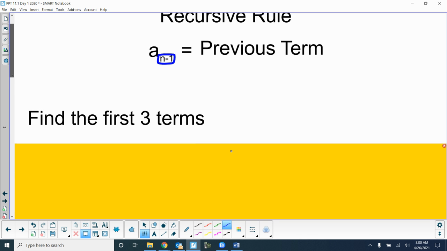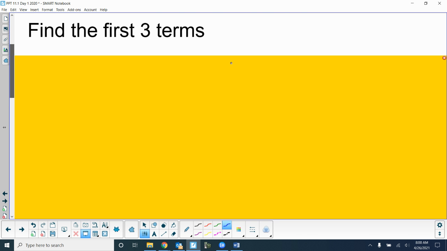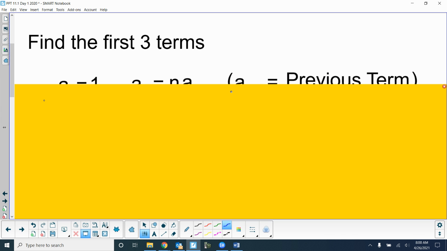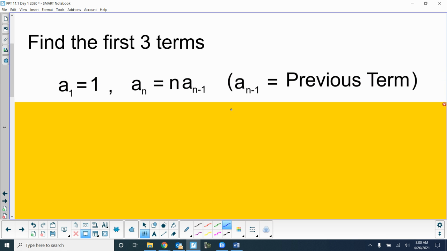So in this example, it says find the first 3 terms. Well, what they'll do is give you the first term. To do a recursive one, they'll give you the first term to start, because you're going to need to use the previous term to get the next term. All right, so here's the rule.